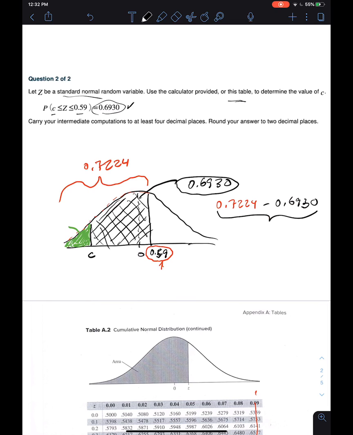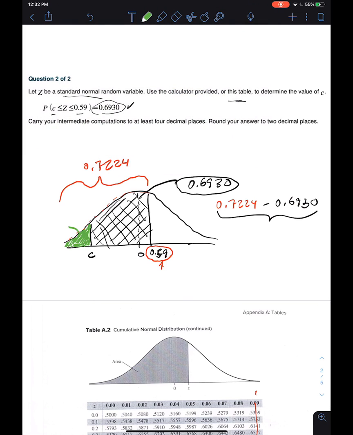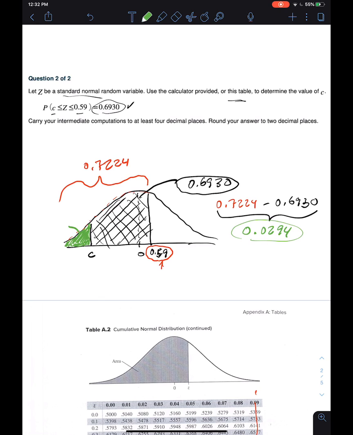And when I do that, I end up with the green. So we subtract the two, we end up getting 0.0294. And that is the area of the green, 0.0294.